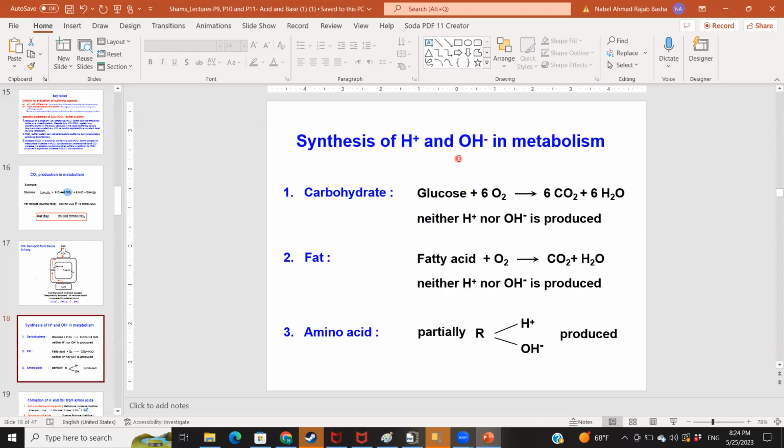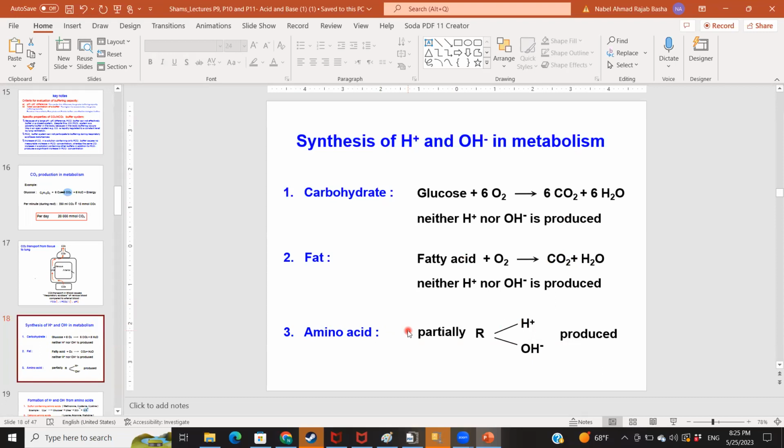And before moving to the next point, let me touch upon these reactions. So as you can see, carbohydrates and fats produce CO2 as they are metabolized, which is easily excreted by the respiratory system. Amino acids, on the other hand, can be metabolized into hydrogen, which is, of course, an acid, or hydroxide, which is a base.